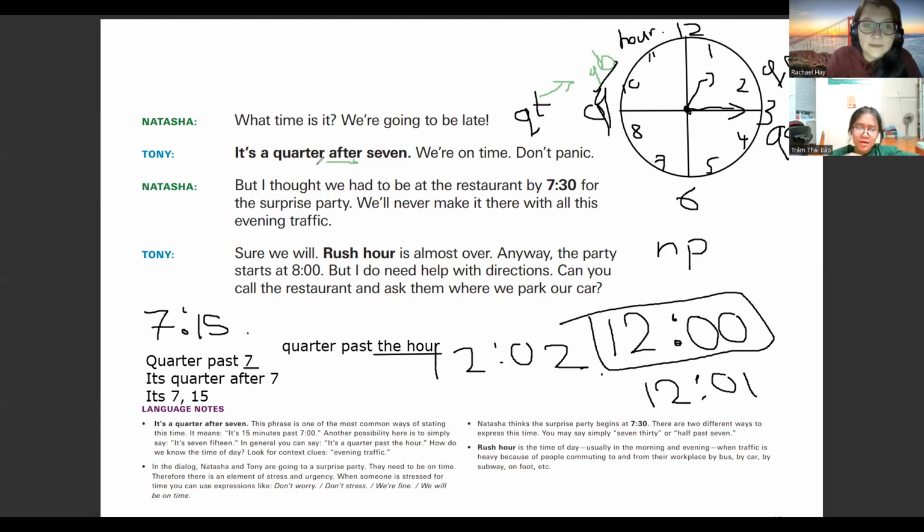So for 15 minutes, what can we say for it? If with the word quarter, 15 minutes, we can say quarter. Quarter already means 15 minutes.